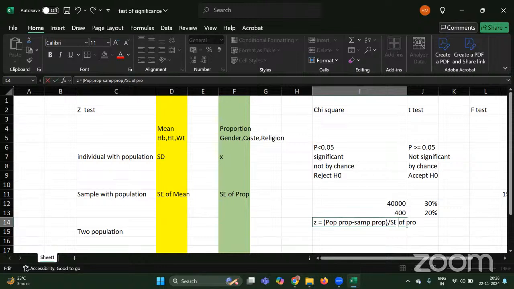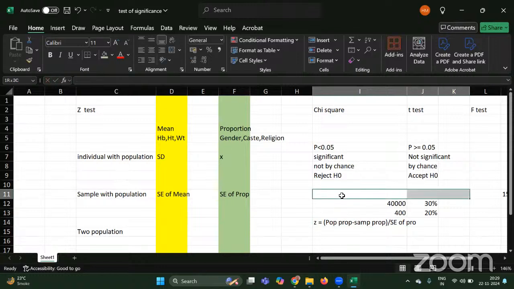This is how we can apply Z test in this case. So standard error of mean and standard error of proportion are to be utilized when you're comparing a sample with the population. As a test of significance, it is known as Z test. It will find whether the difference between population and sample is significant or not.